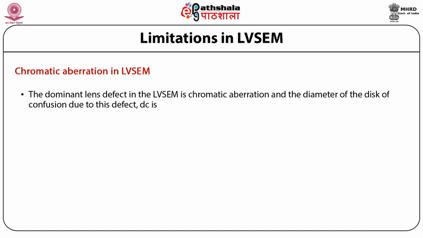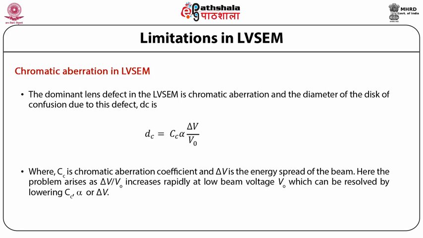The diameter of the disc of confusion due to this defect, DC, is formulated as DC is equal to Cc alpha delta V by V0, where Cc is the chromatic aberration coefficient and delta V is the energy spread of the beam.